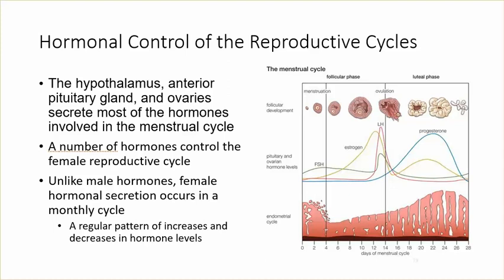Right? At this time, progesterone is low because there's no production of progesterone. The FSH goes down because it's being inhibited by the estrogen. The luteinizing hormone is low because it's being inhibited by the estrogen.